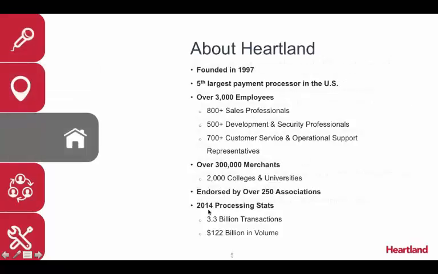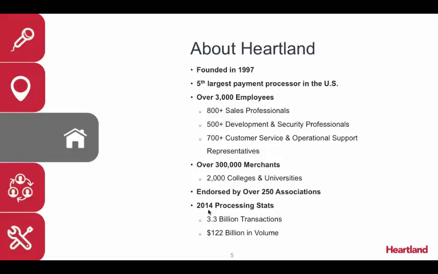Now, Heartland Payment Systems is our parent company. Heartland's core business is card transactions. Heartland's the fifth largest payment processor in North America. What I mean by that is our core business is processing card transactions, credit and debit cards in retail locations, merchants, restaurants, colleges, and universities, allowing those transactions to flow through terminals and web-based products as a form of payment to our secure network and process them fully.